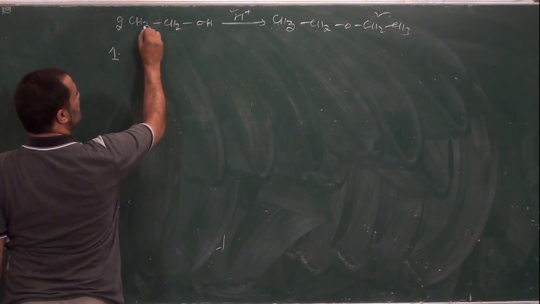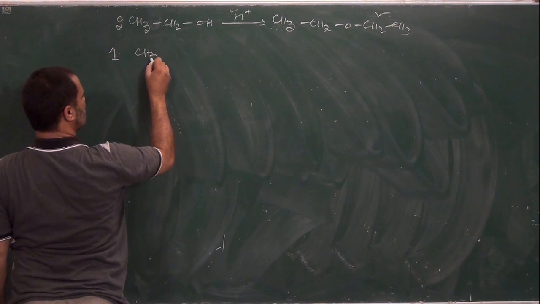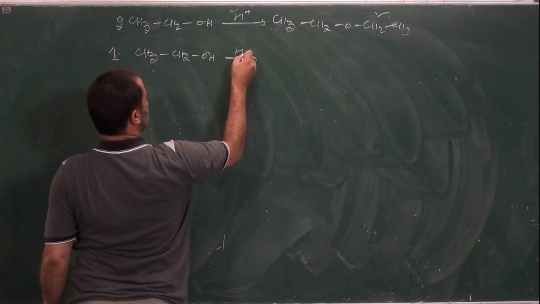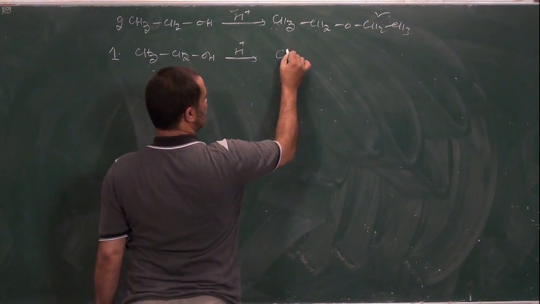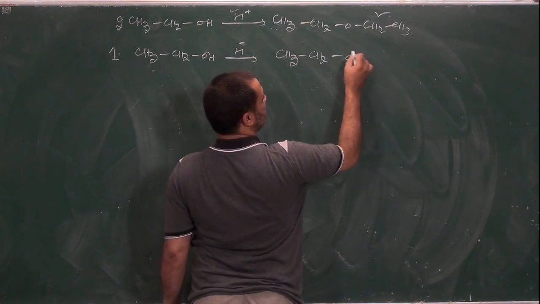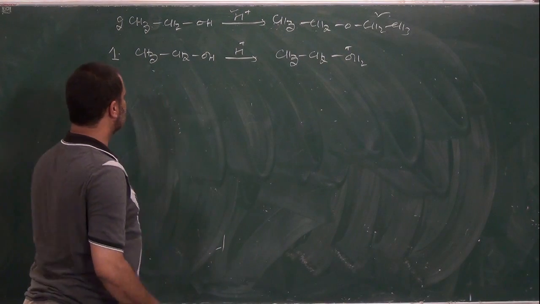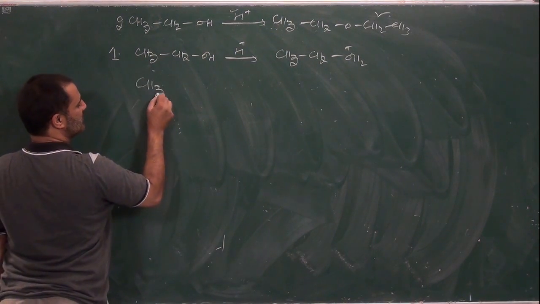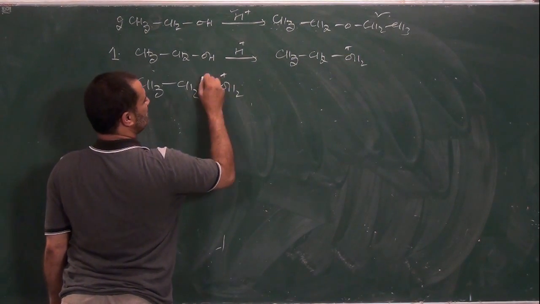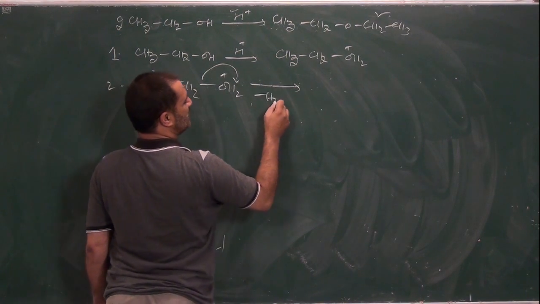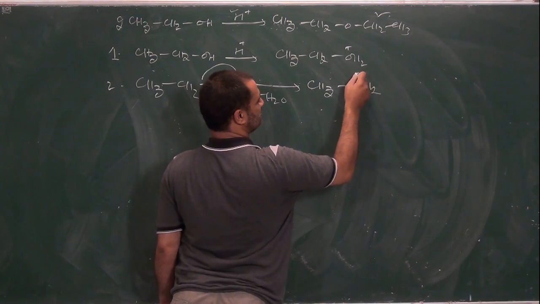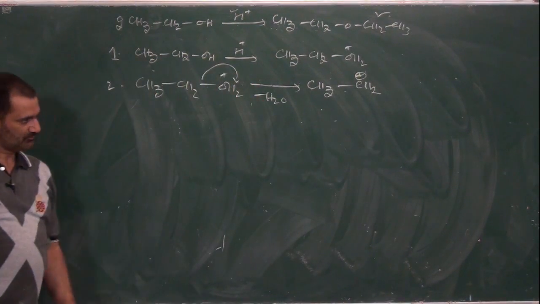First we have got two alcohols. One alcohol, CH3CH2OH, gets protonated by H positive. So it results in the formation of CH3CH2OH2 positive, and then there is water loss. There is elimination of water, and it forms CH3CH2 positive, a carbocation.